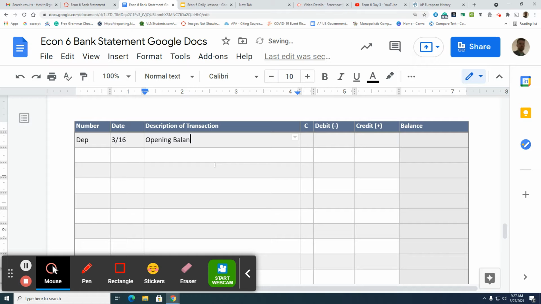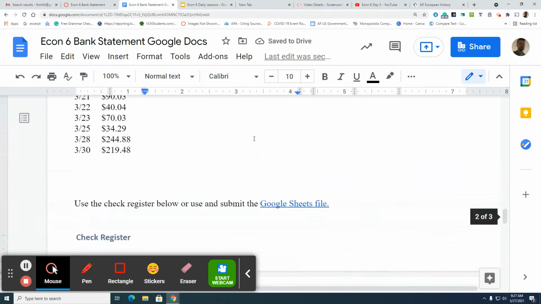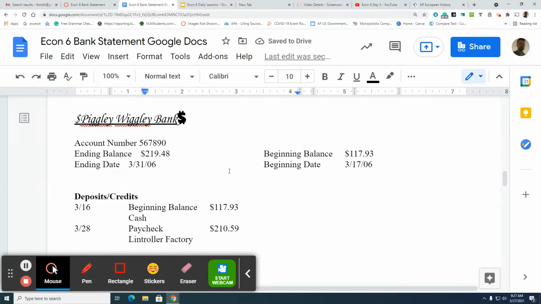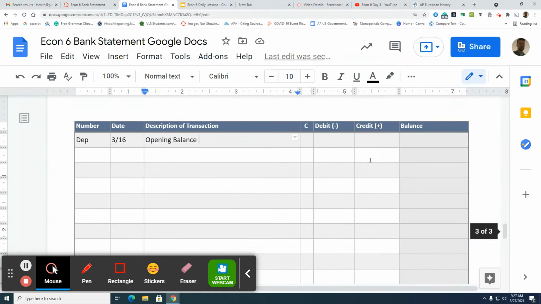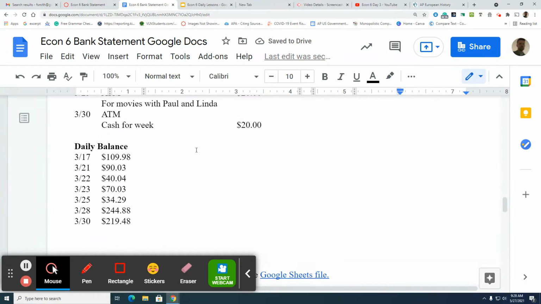That was his opening balance, and he put in $117.93. I recommend using two lines, so that way it stays neat and clean. So you put the balance, the total, in the second line, like that.